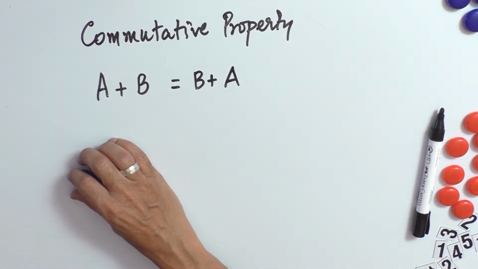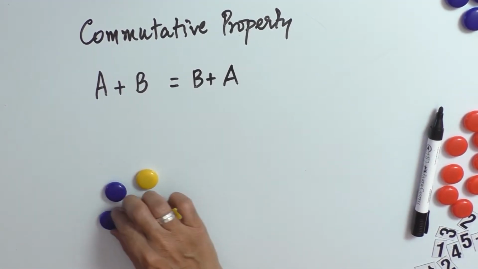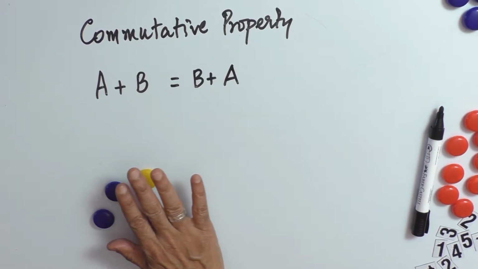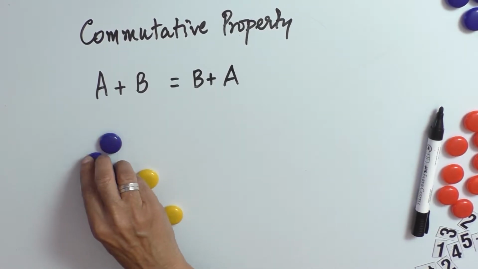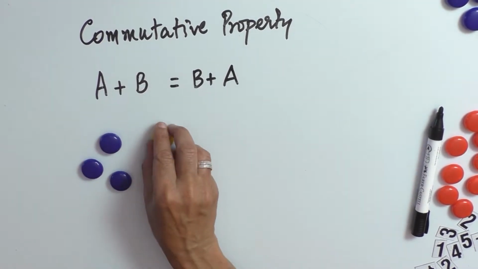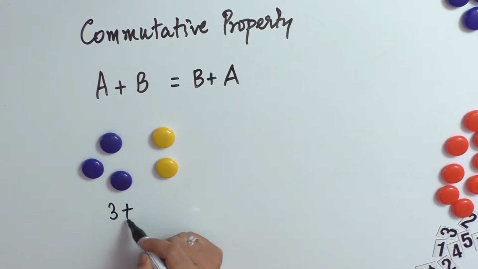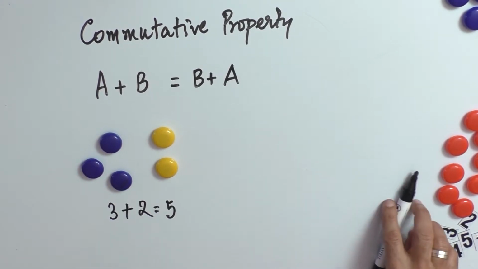That is, you put them together, ask the child to count 1, 2, 3, 4, 5. Right. This is A plus B, that is 3 plus 2, that is 5.